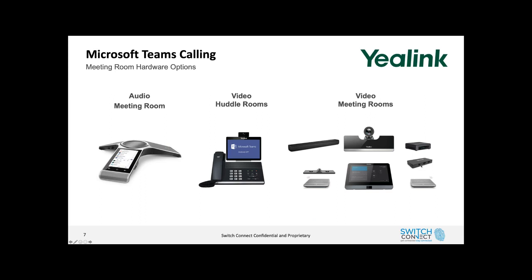So HDMI, mini DisplayPort plug-in, and then you can also get it with wireless additional speakers for those larger meeting rooms. So you really have that full spectrum. The 800 and 500 are pretty much the same, except for the optical zoom on the camera. It really comes down to the size of the room and which is the right hardware for it.